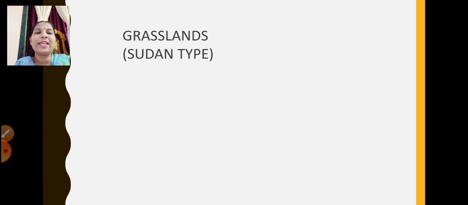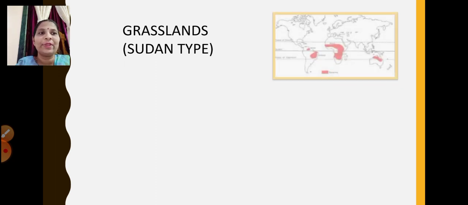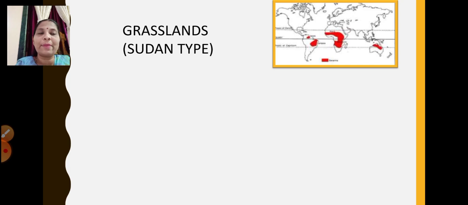The next type of region is grasslands, the Sudan type. In our first session, we learnt about the grasslands, that is the steppes and the prairies. The second is the Sudan type of grasslands. You can see over here in the map, the portion which is marked red, you find these Sudan type grasslands.